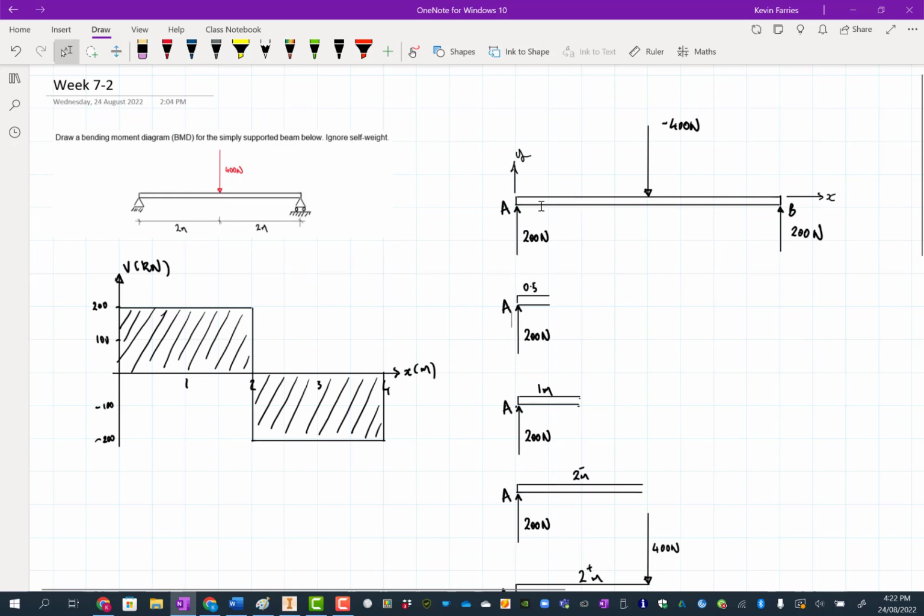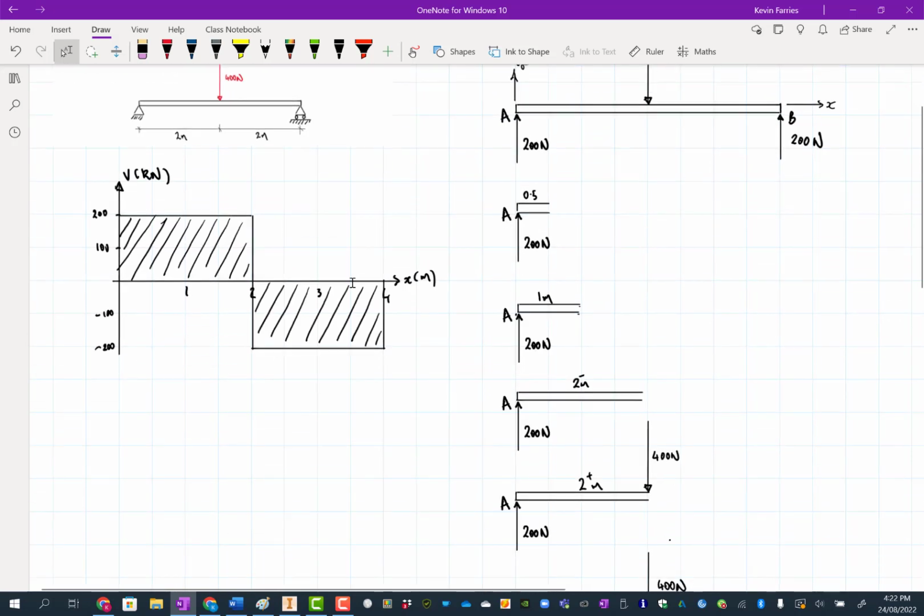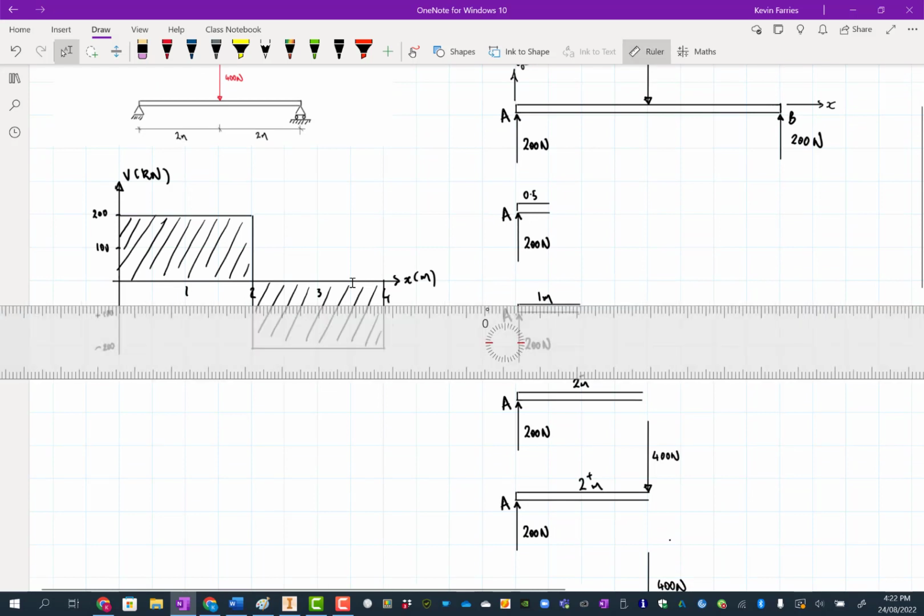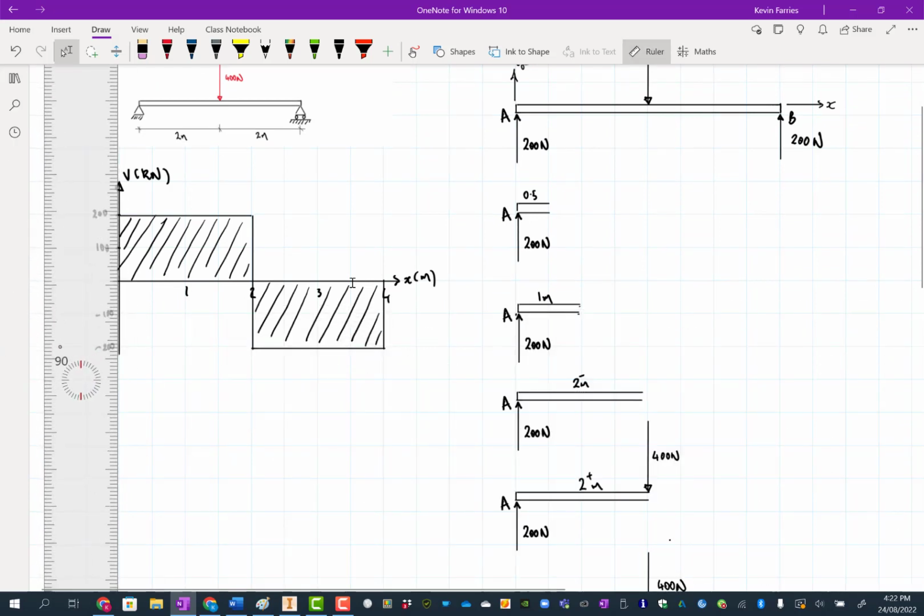One way to find it would take a lot of work, which is to calculate the shear force at every point along that beam. We're going to do a selection of points, and then we'll start to see some patterns. That'll give us some shortcuts for drawing the bending moment diagram without doing too much work.